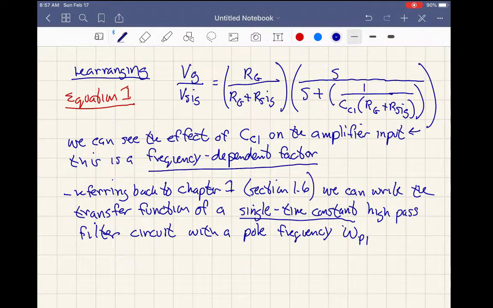Omega p1 is equal to one over C1 times the source resistance plus RG.